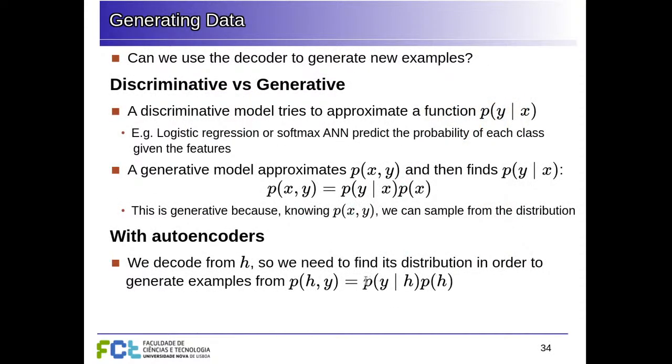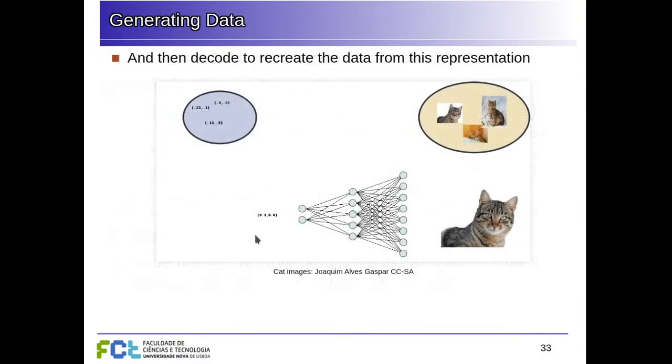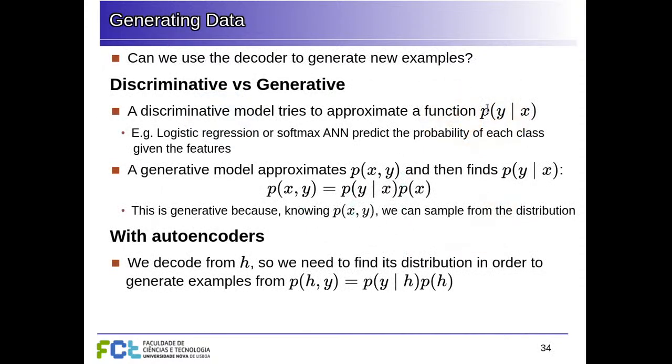So basically we have this part on the decoder, but if we wanted to generate data, we would need the probability distribution of this latent space. You can imagine this as going from a discriminative classifier into a generative classifier, where we need the whole thing in order to be able to generate new examples.